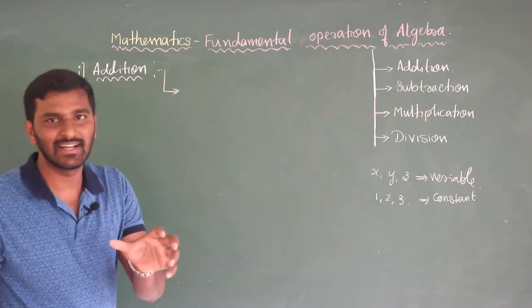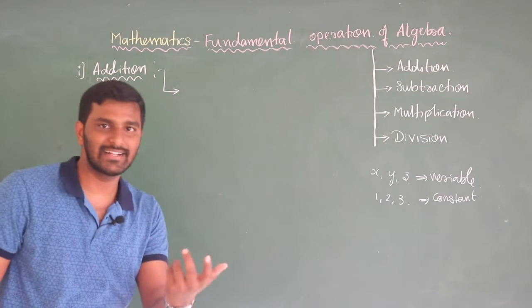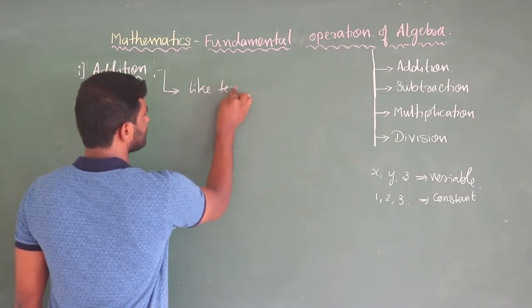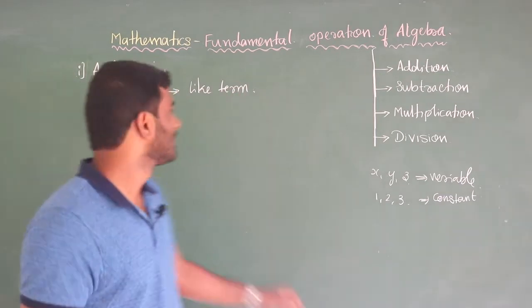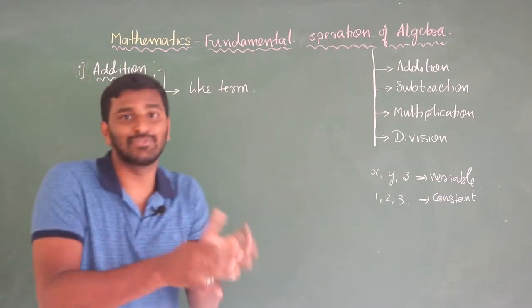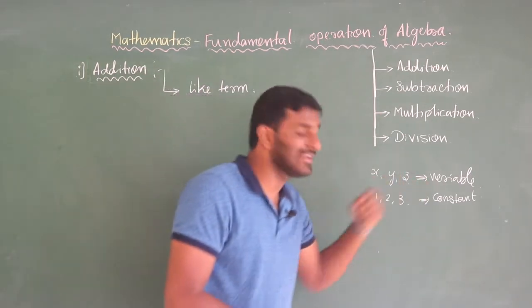In addition, mainly there are two types: like terms and unlike terms. Let us take like terms first. What are like terms? Here we are adding two numbers or two variables.